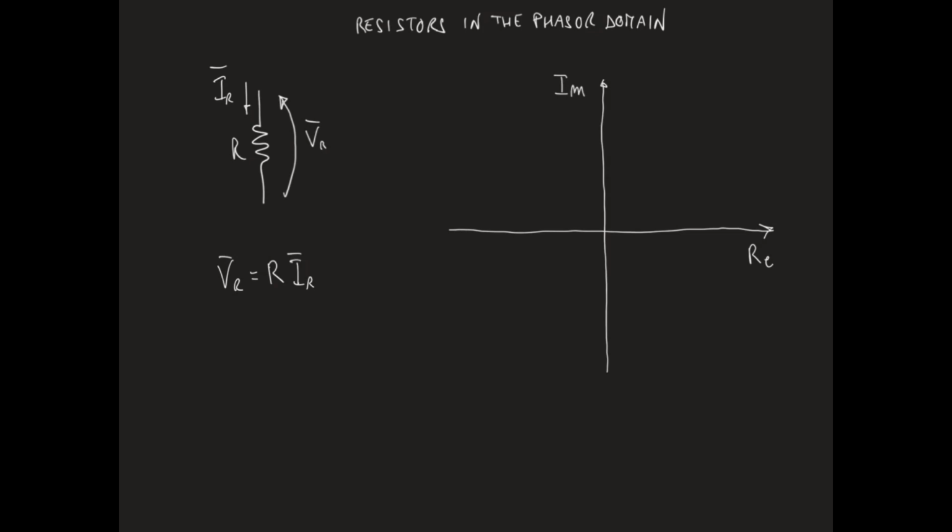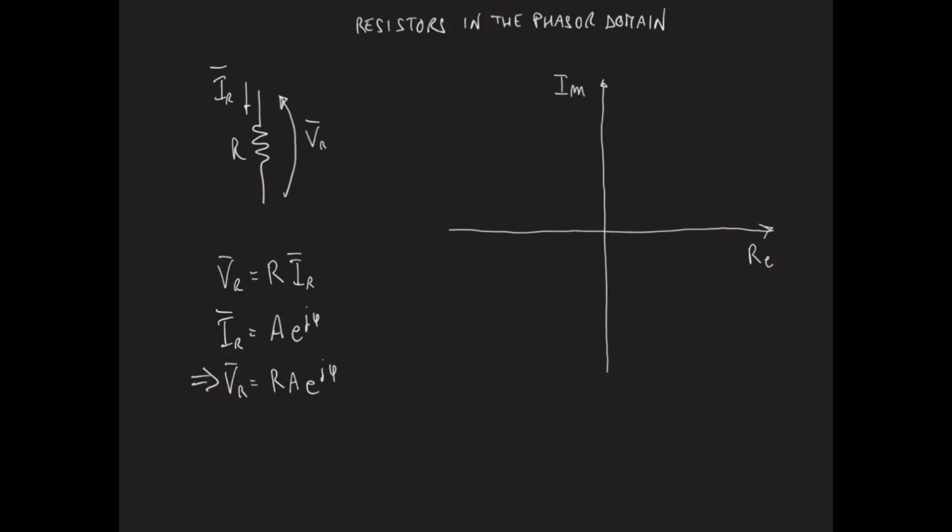As we said, this is exactly what we get in the time domain, as prescribed by Ohm's law. Therefore, if the current phasor is given by A times e to j times the phase phi, then the voltage across the resistor will be given by RA times e to the j phi.